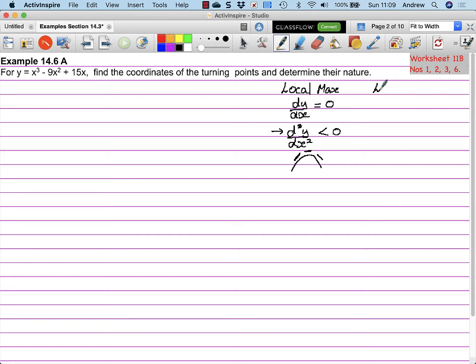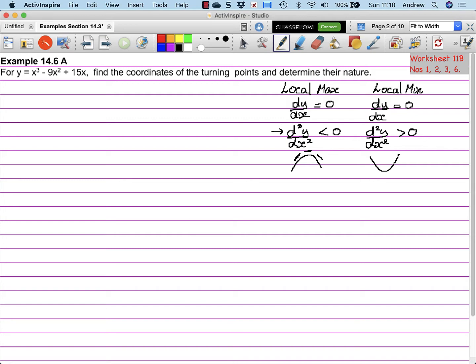Now we're looking at a local minimum. For a local minimum, dy dx is equal to 0, and d2y by dx squared is greater than 0. And a quick reminder why. Here's a picture of a local minimum.